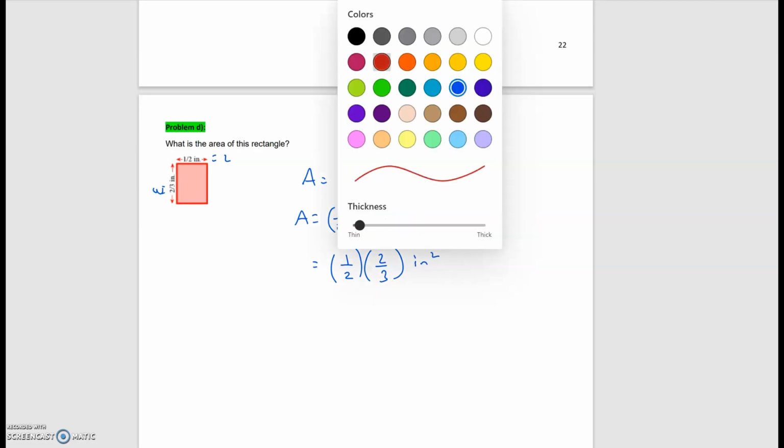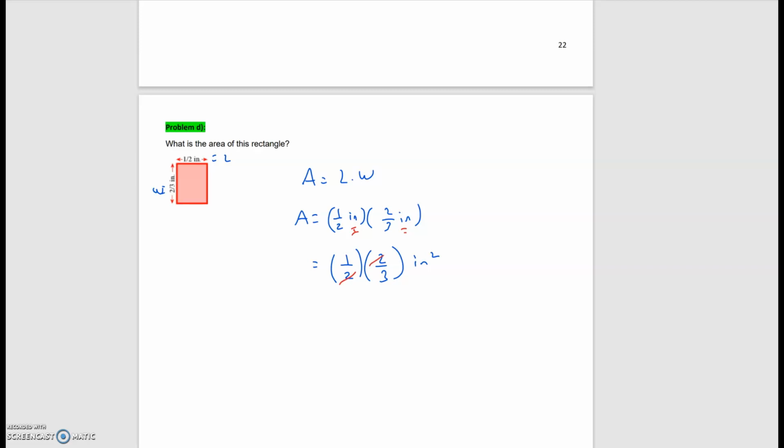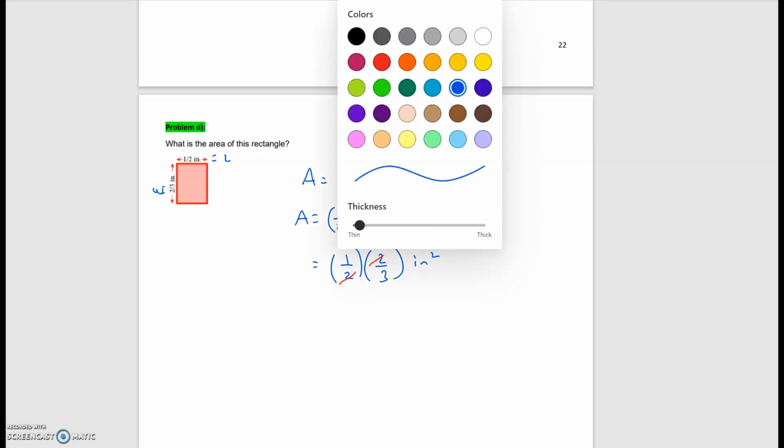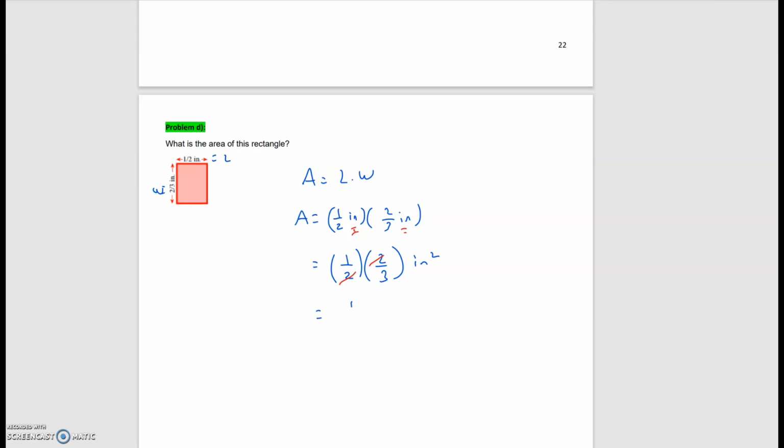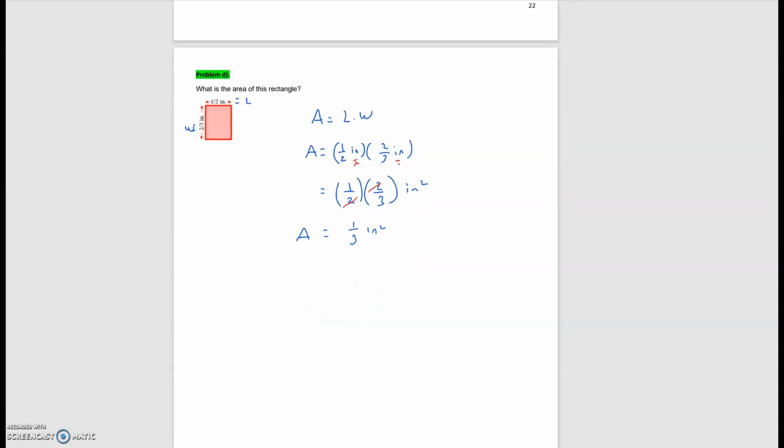So before we multiply, let me cancel common factors. In this case, we're going to end up with 1/3 of an inch squared. So let me just rewrite it as the area of the rectangle is, and let me write it as A is equal to 1/3 of an inch, but we're talking about inches squared.